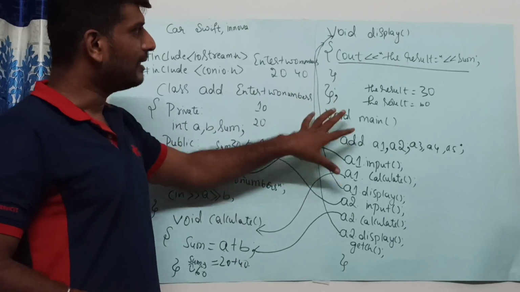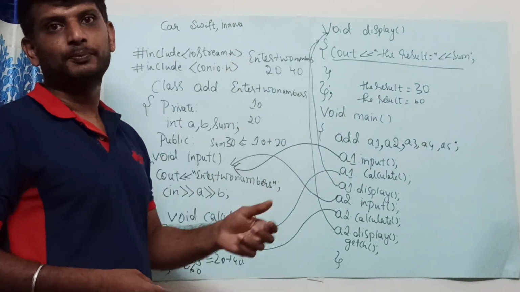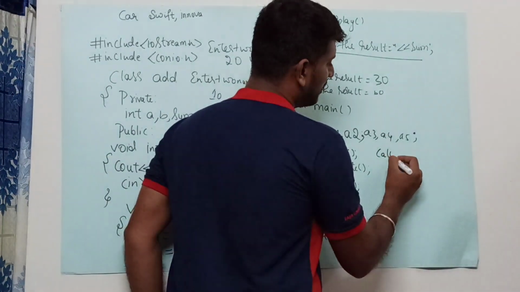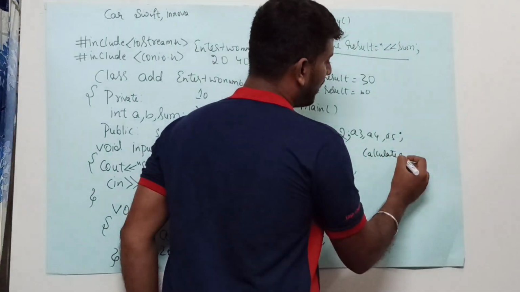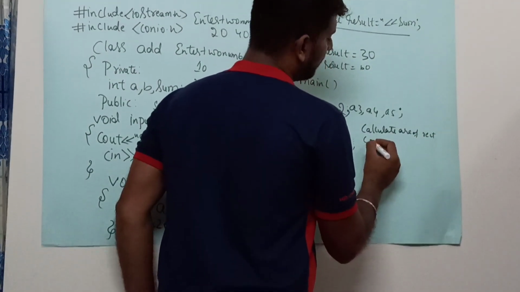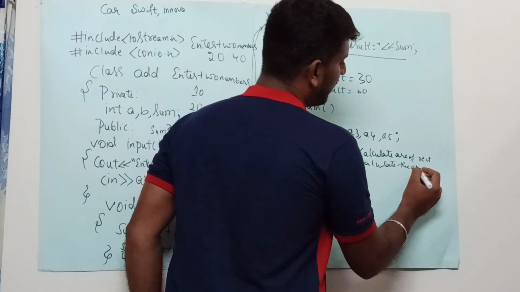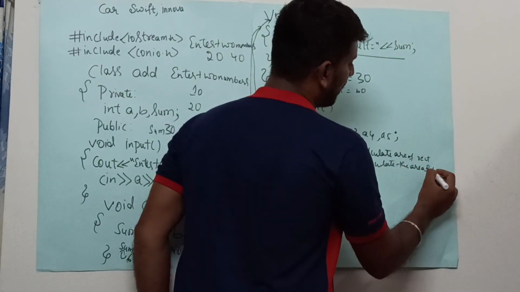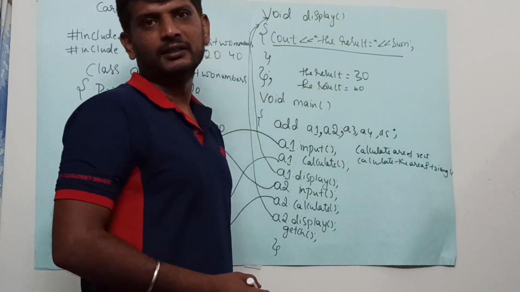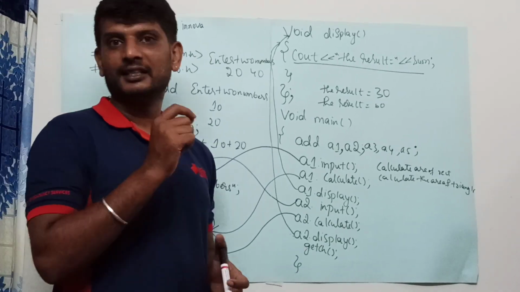Now your assignment will be the previous programs that were given, that is, to calculate the area of a rectangle and to calculate the area of a triangle. In those programs you made use of a single object.